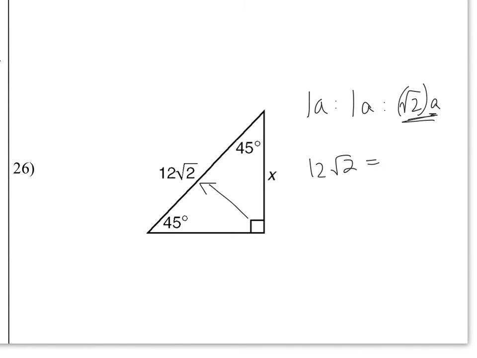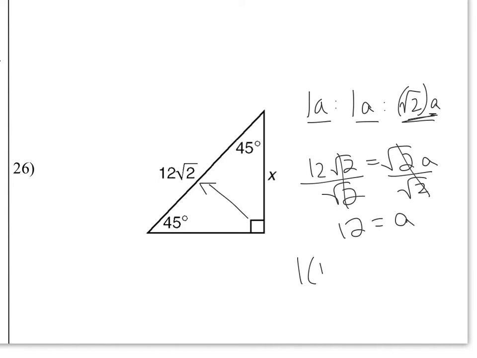We know the ratio is radical 2a, so divide by radical 2. We get 12. A is 12. Since a is 12, each one of these is 1a, so if you plug in 12 there, you get 12. So each one of these sides is 12.